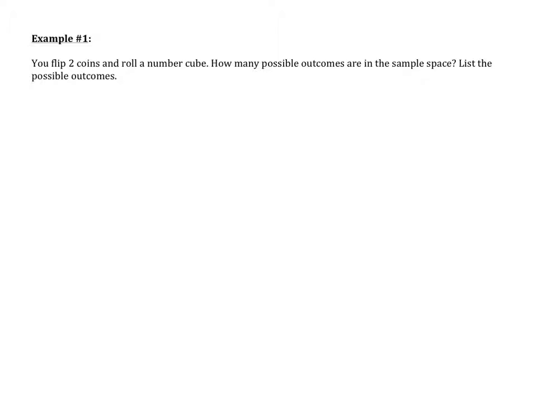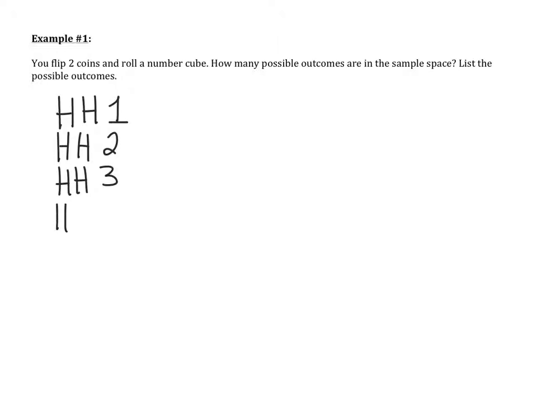You could flip a heads on the first one and a heads on the second one, and then roll the number cube and roll a 1. You could do a heads and a 2, a heads and a 3, a heads and a 4, heads and then a 5, and of course a heads and a 6.